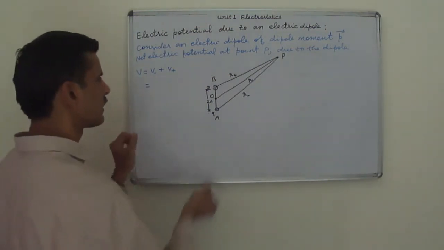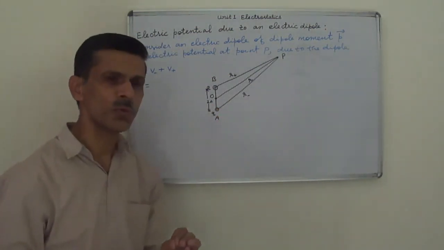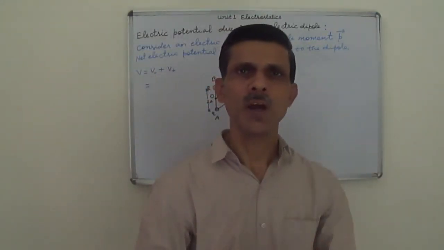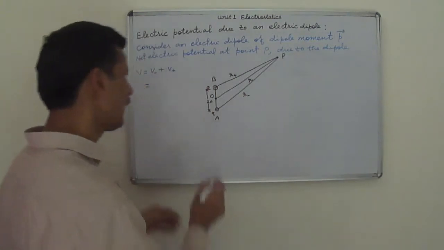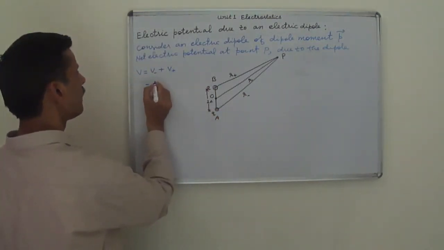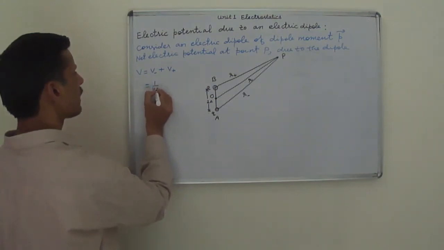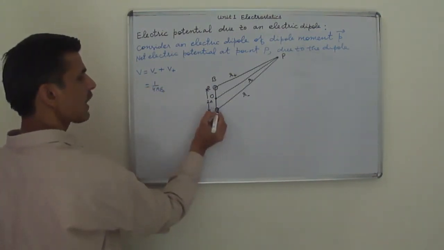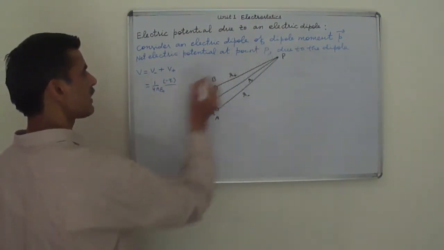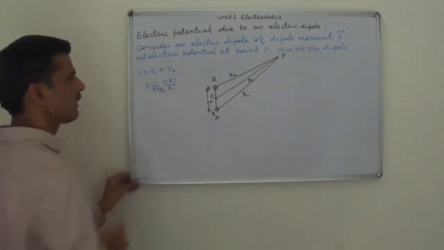Now V minus, you know potential due to a point charge is 1 upon 4 pi epsilon naught Q upon r. Here V minus is equal to 1 upon 4 pi epsilon naught, this charge is minus Q, divided by distance R minus.